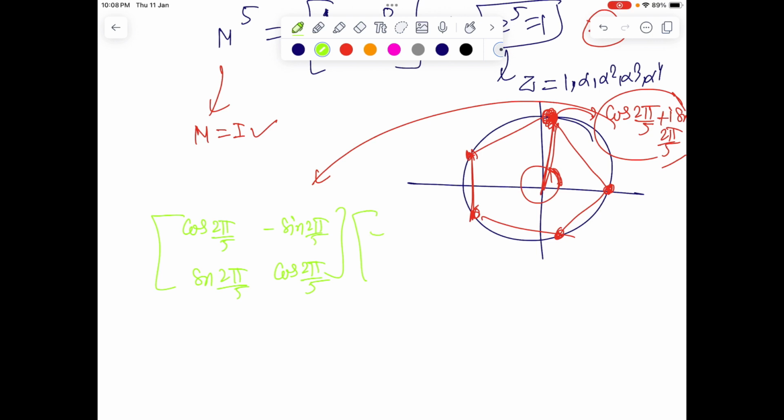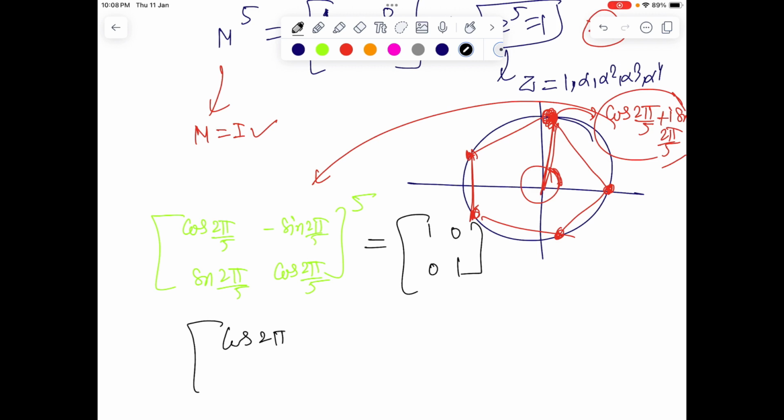And let's see what it means. So let's take the 5th power. If we take the 5th power of this, very surprisingly what you're going to see is this will give you just 1, 0, 0, 1.